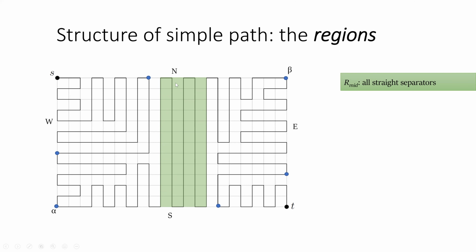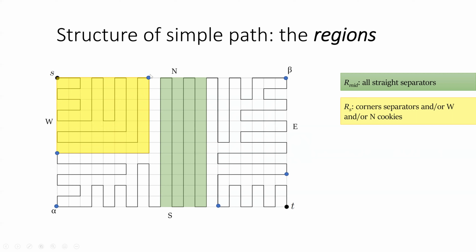So here they're occupying adjacent columns, and if we look at this rectangular region, it contains all the straight separators. We call that rectangle mid, or R mid for short. This actually separates S from T, and the region on the west side is the initial subpath because the path started here. This is the final subpath.